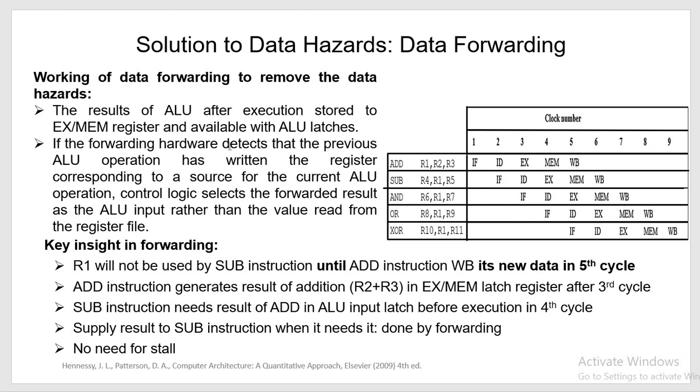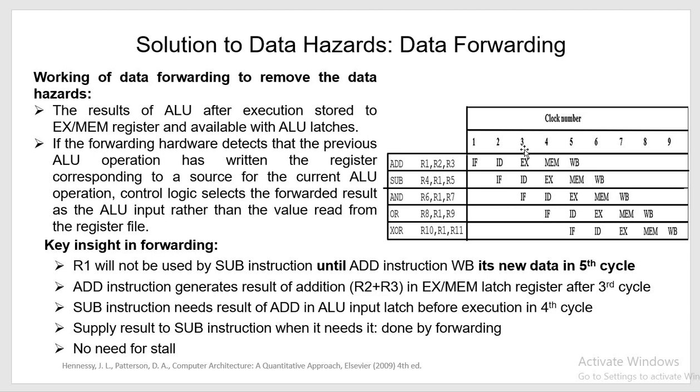Now, the extra hardware which we will introduce here to forward the data is called the forwarding hardware. If the forwarding hardware detects that the previous ALU operation has written the register corresponding to a source for the current ALU operation, it will detect the moment the ALU performs its operation and writes the result to the corresponding registers.